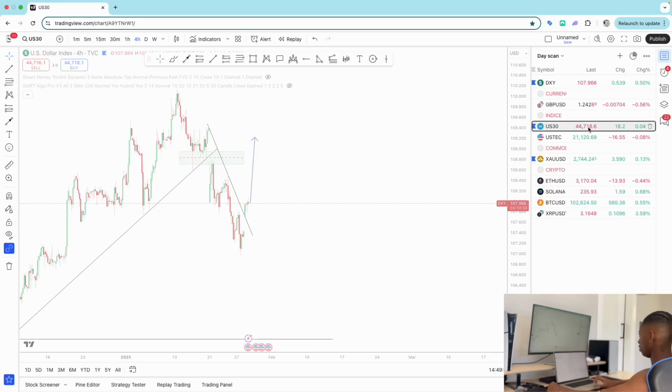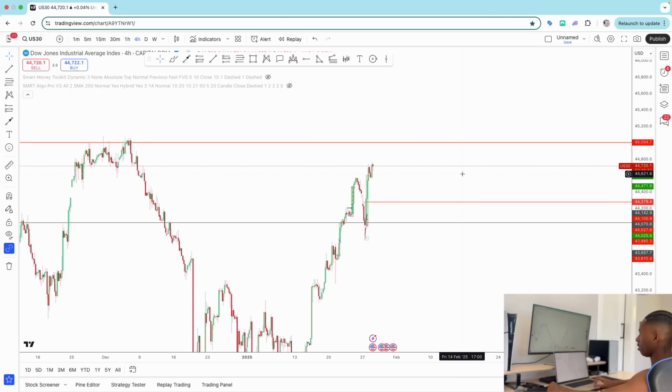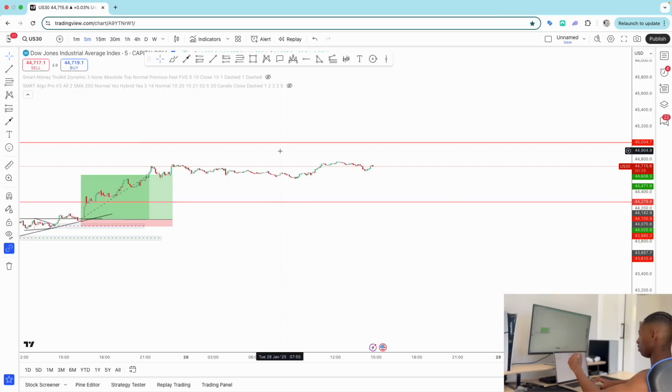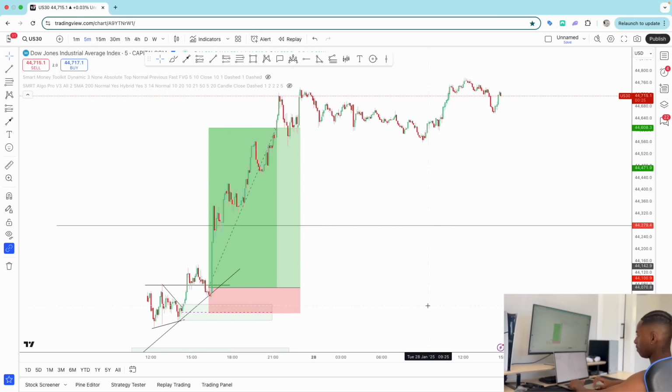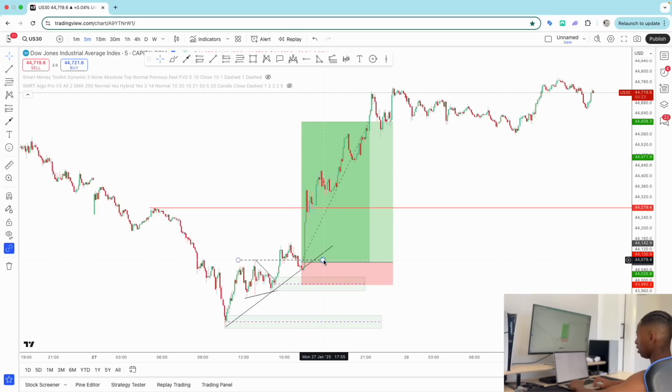Okay, so now I just want us to take a look at US30 as well. You can simply see that with US30, the previous trade that we saw, just like how we posted that one video, we can see right here is price.